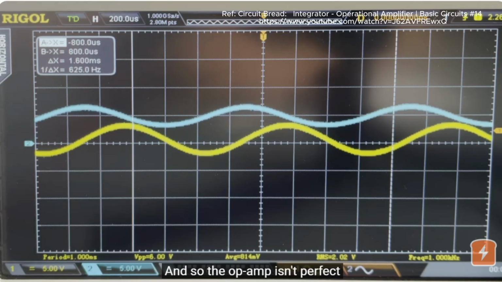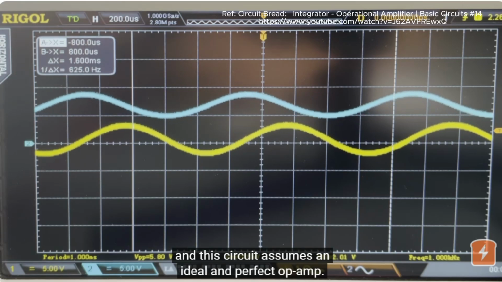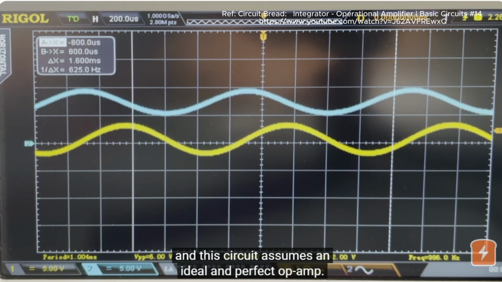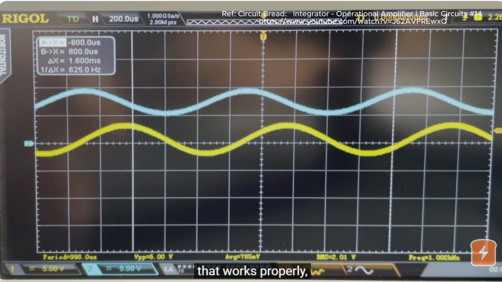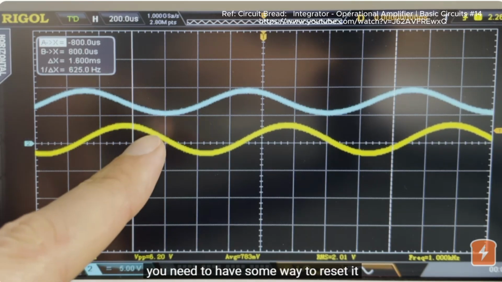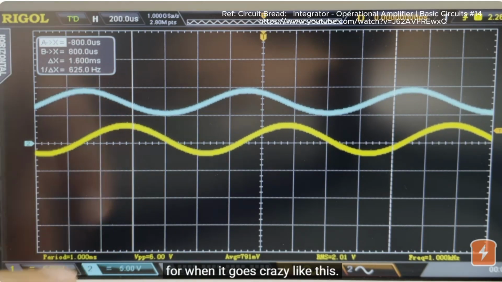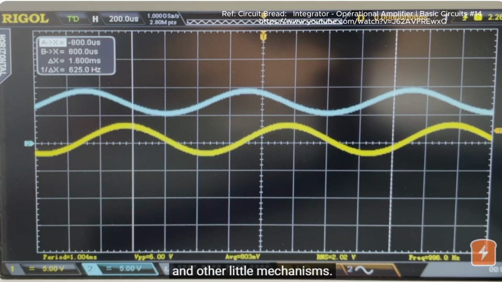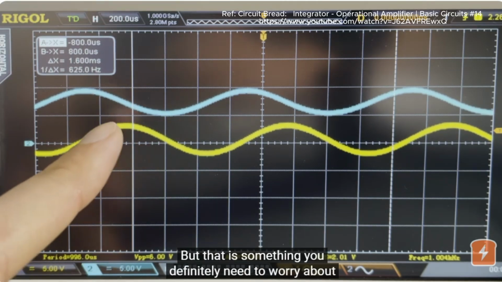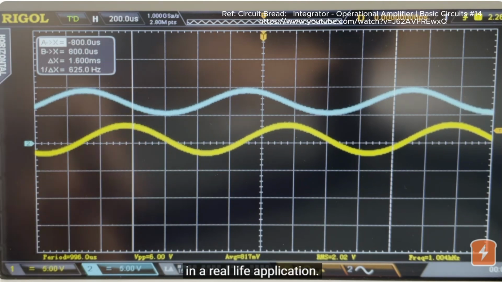The op-amp isn't perfect, and this circuit assumes an ideal and perfect op-amp. In real life, if you want an integrator circuit that works properly, you need to have some way to reset it for when it goes crazy like this. You can do that with feedback resistors and other little mechanisms, but that is something you definitely need to worry about in a real life application.